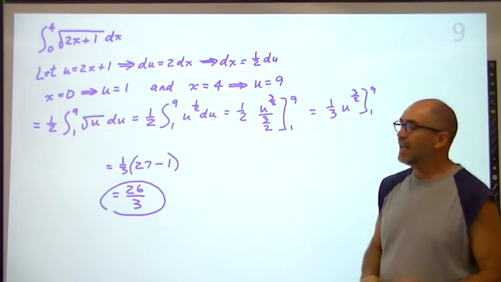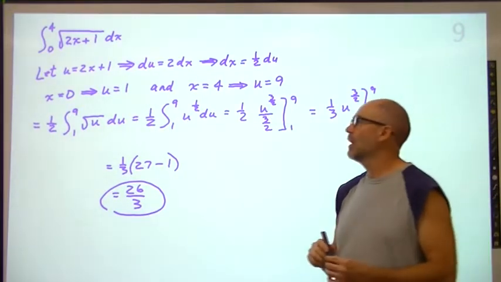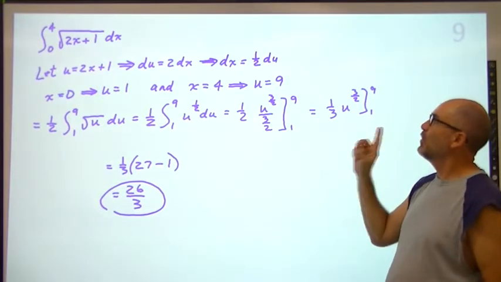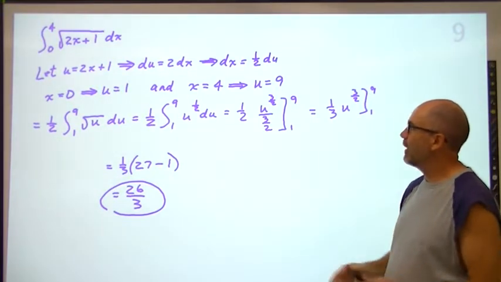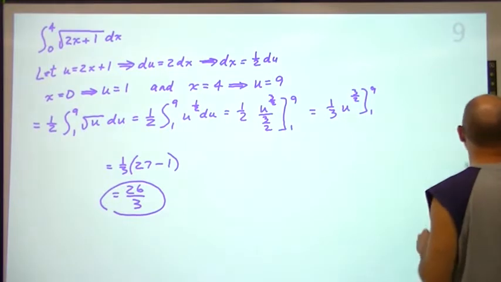We never have to go back to the x's because we solve the integration with u's because it's a definite integral. So, number one, do not ever even write this statement.